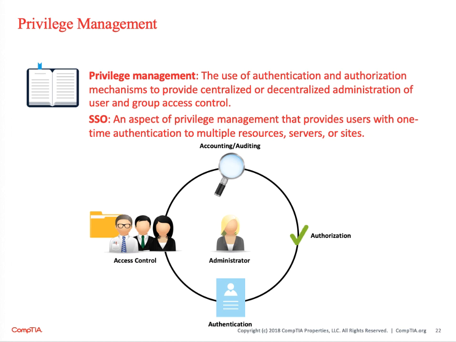So this is the ability for the administrator to say who has access to what. This could be a specific user. So, Bob, we could say, okay, Bob has access to this, that, and the third. Or we could do it by groups. So Bob and Tom and Mary, since they're all in HR, they all get the same level of access.